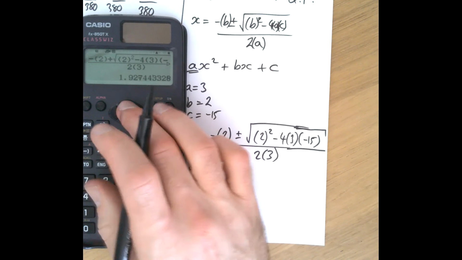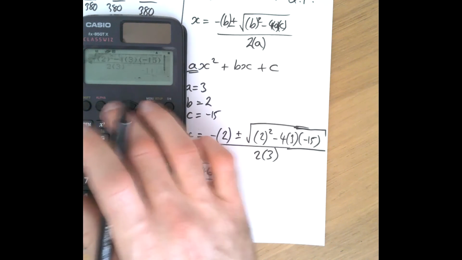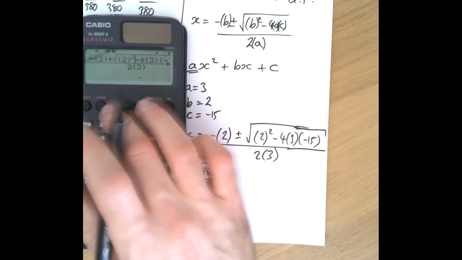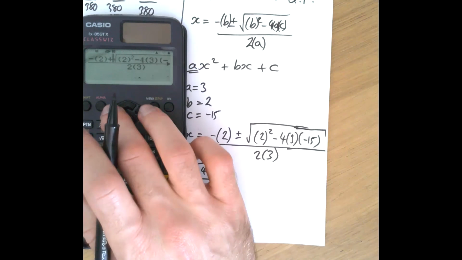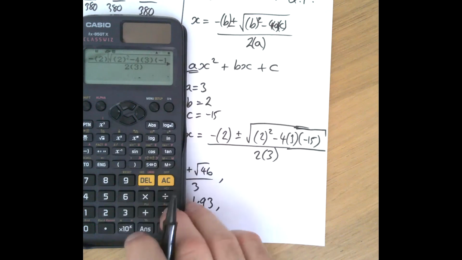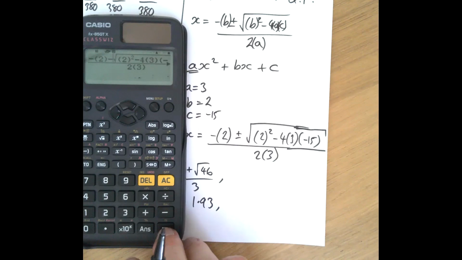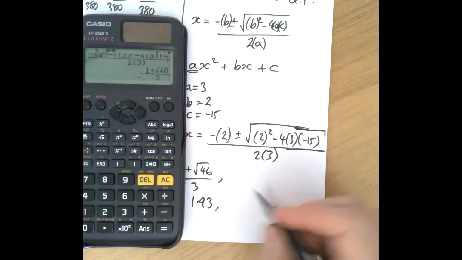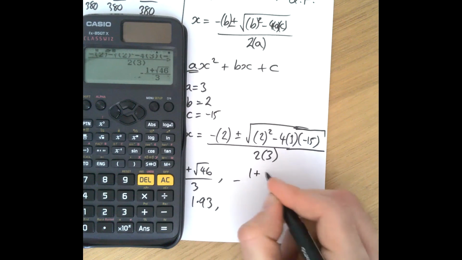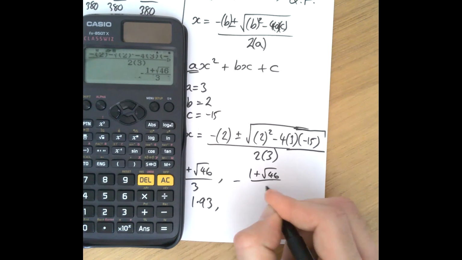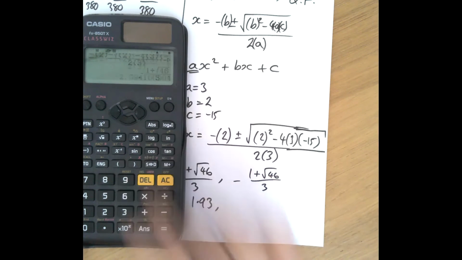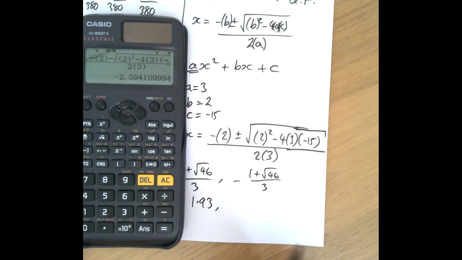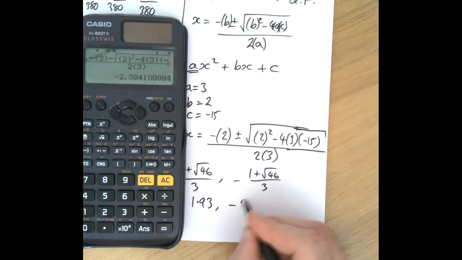Rather than typing it all out again, I'm just going to use the cursor and go back to the plus, and I'm just going to swap it for a minus. And again, this one you get minus 1 minus root 46 over 3. But again, we want it to 3 significant figures, so it's going to be minus 2.59.